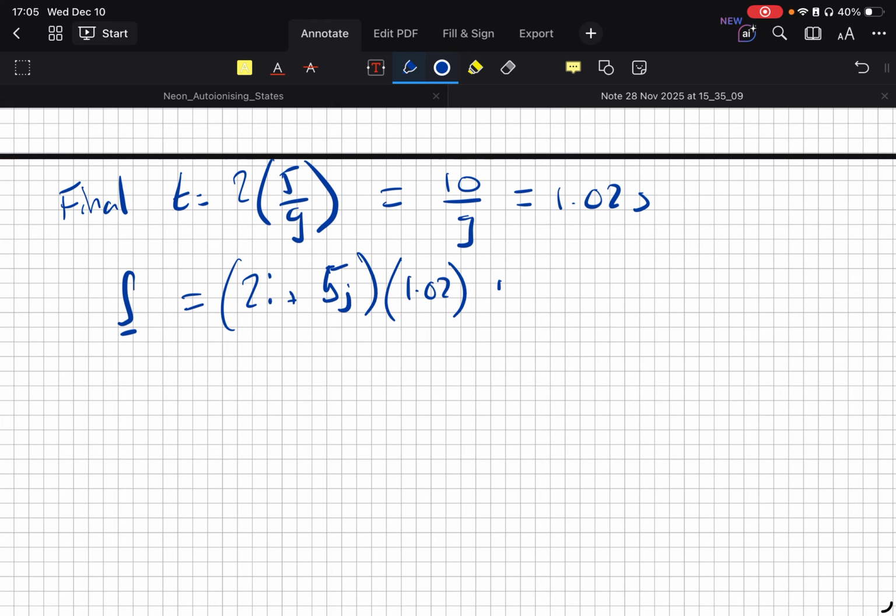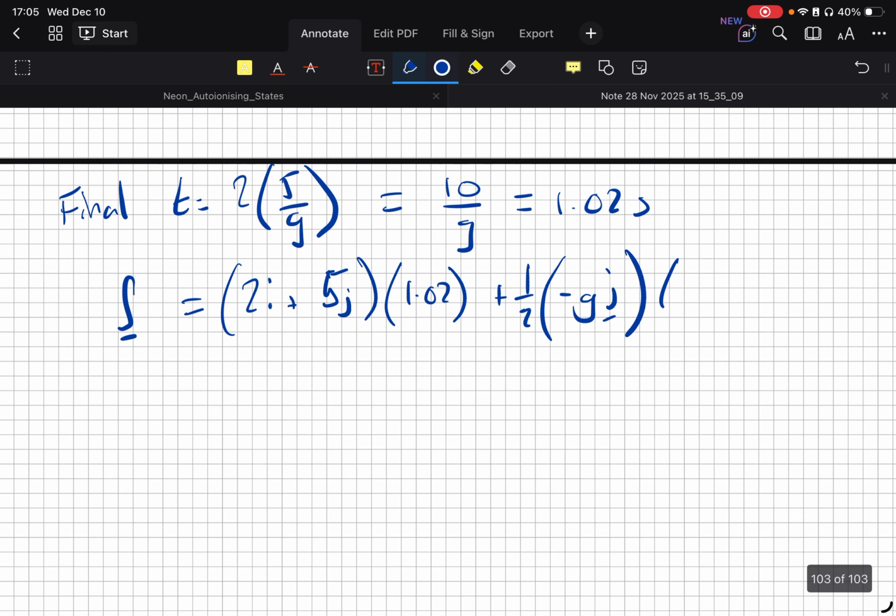So that's our ut plus a half times the acceleration. Again, the acceleration is just minus gj. So that's our half a t squared. So we get 1.02 squared. So again, this is just s equals ut plus a half a t squared. That's what we've done here.